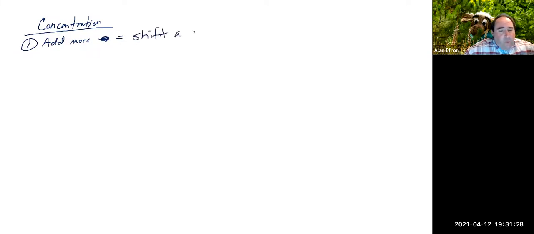So with concentration, you essentially can do one of two things. You can add more. And when we add more, what ends up happening is it will shift away from the side we added it to.